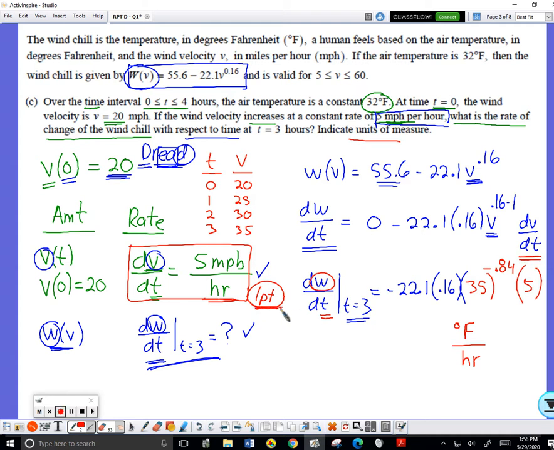The second point was for knowing that this needed to be 35. So that was another point. And then plugging it all in correctly into this formula and having the correct units, that was the third point. So a total of 3 points.